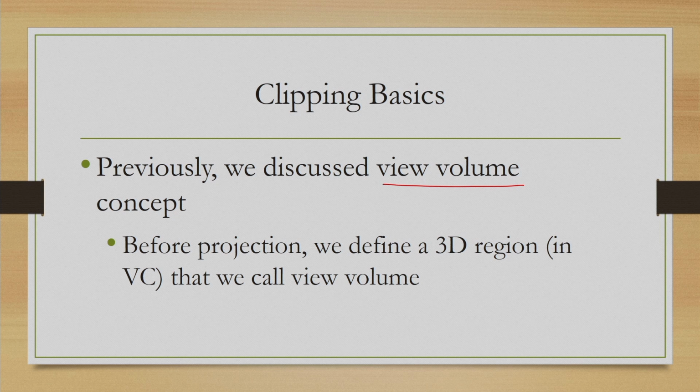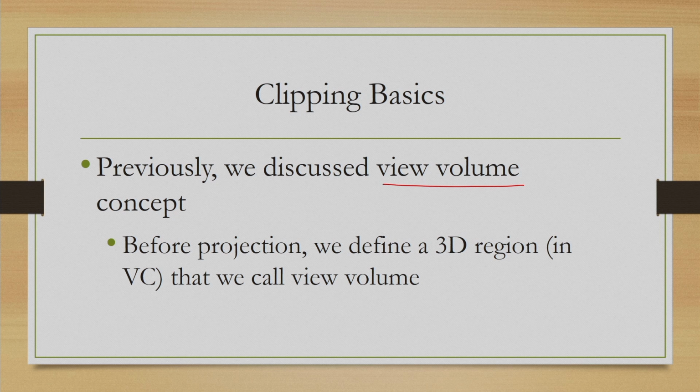However, in this process, what do we project on the view plane? We project only the objects that are present in the view volume, that is a region in the 3D view coordinate space that we have decided to project.